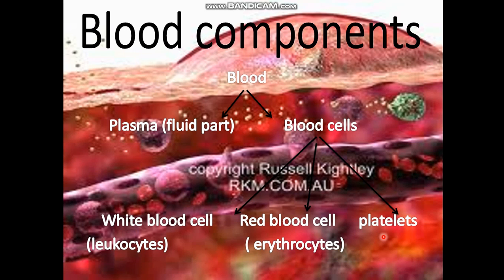You have to study these names. So our blood is made up of two main components: plasma, the fluid part, and blood cells, the solid part. Blood cells and the plasma constitute the blood. What are these blood cells? White blood cells (leukocytes), red blood cells (erythrocytes) and platelets.